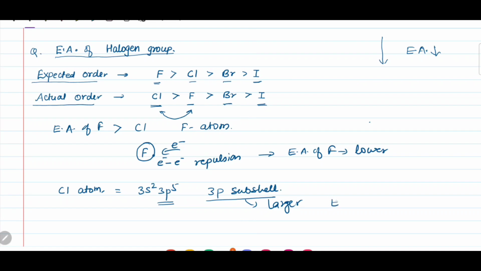So the electron affinity of chlorine is more. So our order is like this: chlorine with maximum electron affinity, then fluorine, then bromine and then iodine.